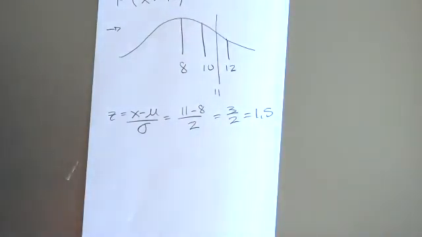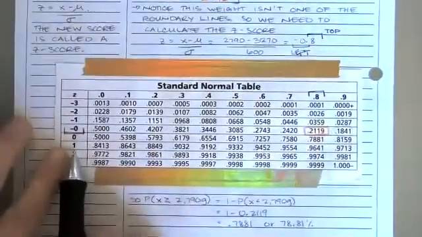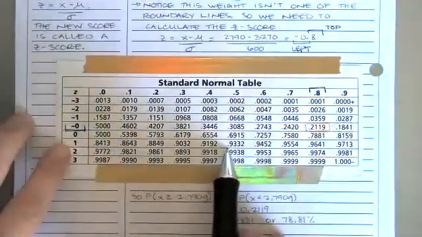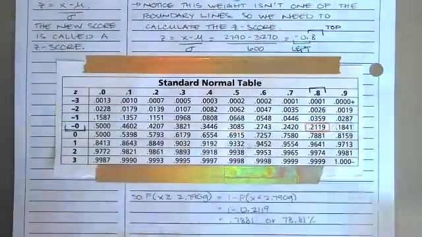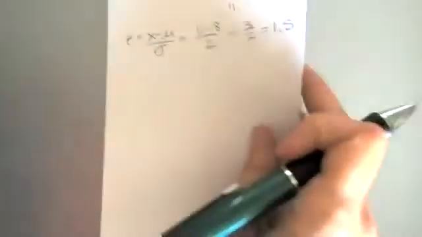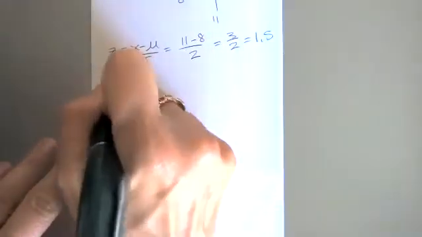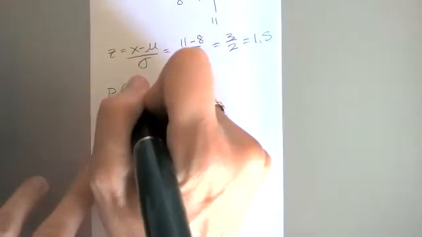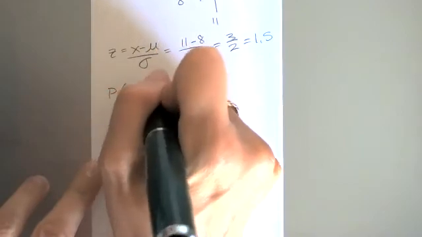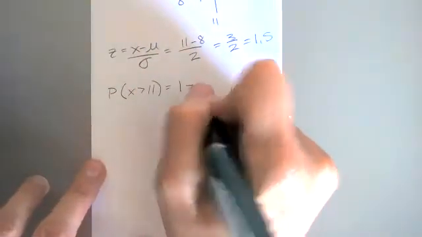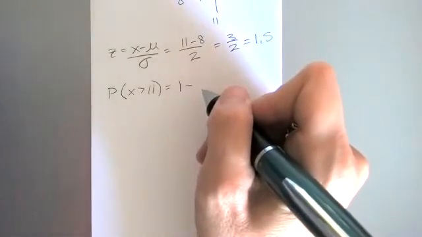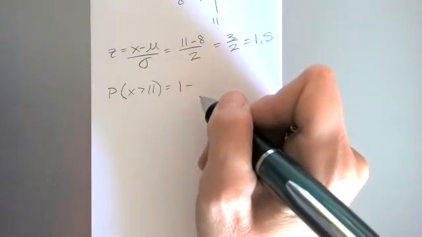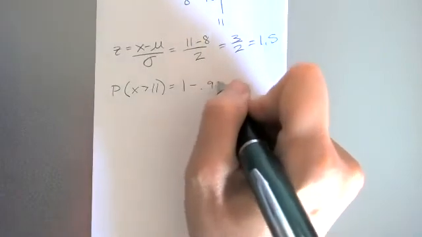All right, so remember this is greater than. So for the z-score, 1.5 is right here, 0.9332. So the probability that x is greater than 11 will be 1 minus this number, 1 minus 0.9332.